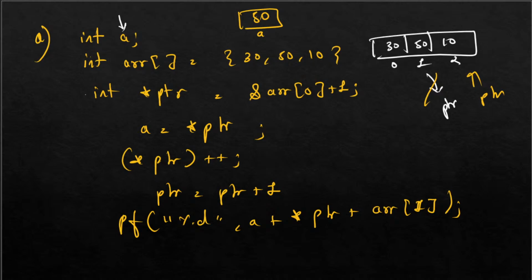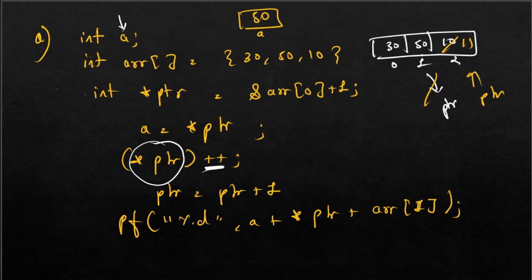Okay. So here that will be 11, because see what will happen. So first, this is post increment. Okay. So first it will move to here, and after that this will be executed.